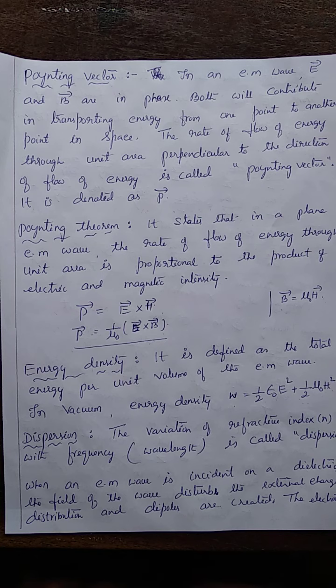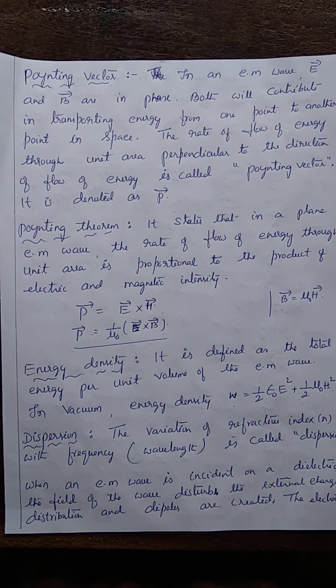You know the relationship between refractive index of the medium and the permittivity. N equal to root epsilon r, Maxwell's equation, or N square is epsilon r. So, refractive index of the medium varies means permittivity varies. This variation of permittivity or refractive index with frequency or wavelength is called dispersion.